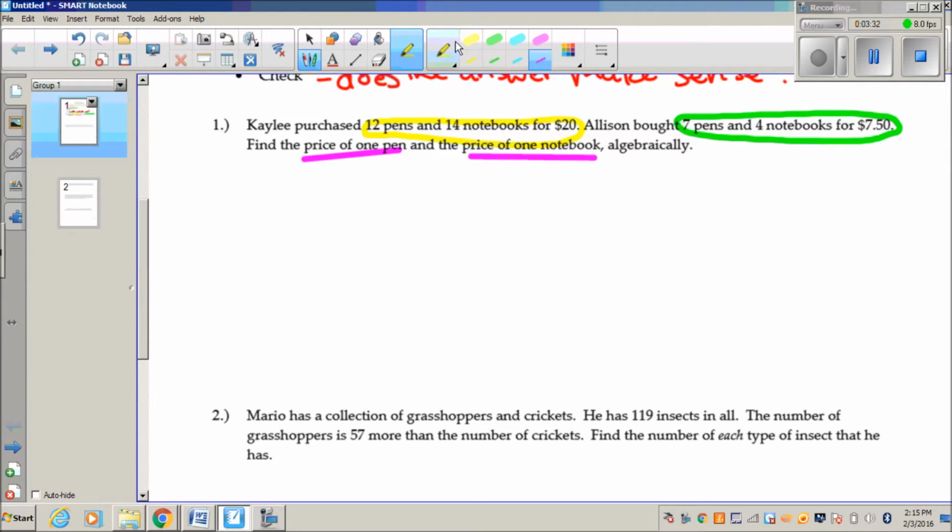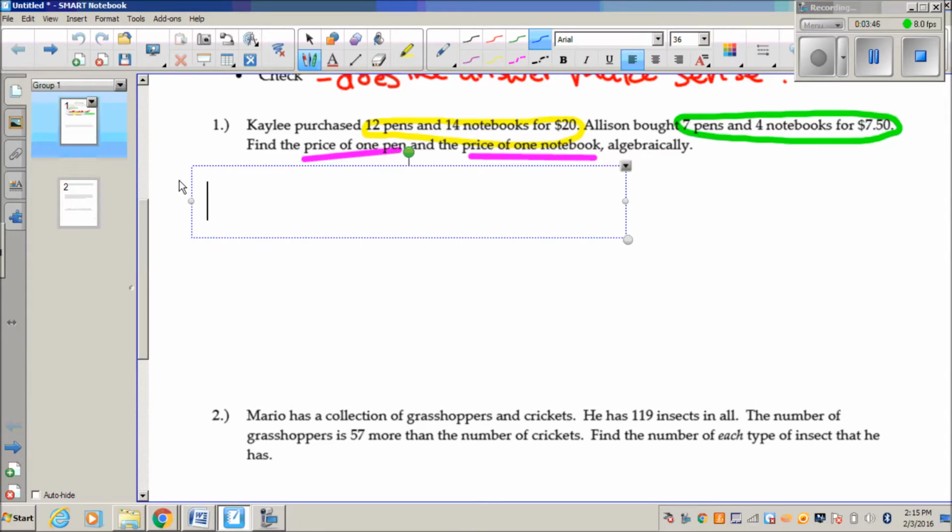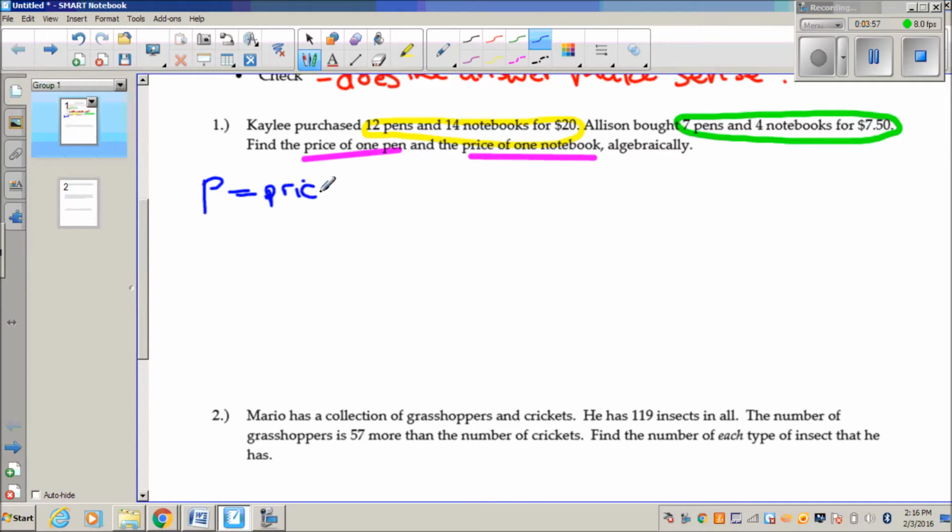Typically, whatever it is that you have to find is what you want to define as your variable. Since I have to find the price of 1 pen, I'm going to use that as my first variable. So I'm going to use P, because I like to be descriptive. I don't want to just use X and Y. P is going to be the price of 1 pen. I'm going to be specific. I'm not just going to say P is pens.